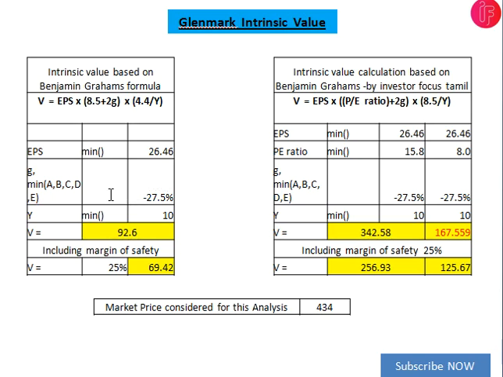The minimum from that 5 growth is minus 27.5, I have taken in our calculation. Y is yield, that yield I have taken 10 here. Based on the Benjamin Graham formula, the intrinsic value for Glenmark is 92.6 rupees, whereas when we consider a margin of safety, say 25% margin of safety, the value for Glenmark is only 69 rupees.